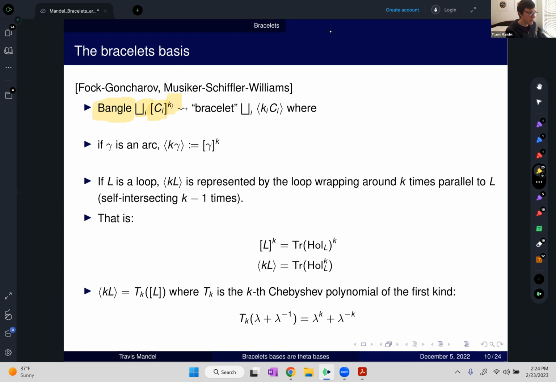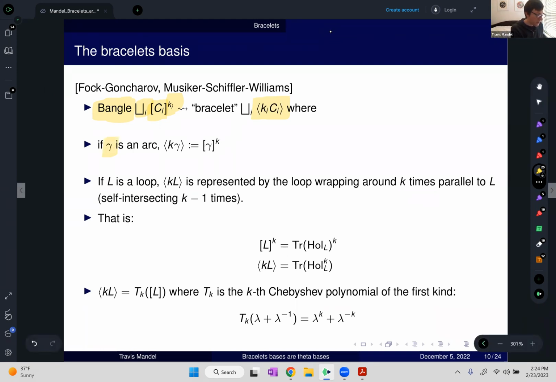These are positive integer powers Ki. And given one of these, we'll have an associated Bracelets element. We'll denote it basically the same way, but instead of Ci to the Ki, we write Ki Ci in these brackets. Now I have to tell you what that angled bracket Ki Ci means.